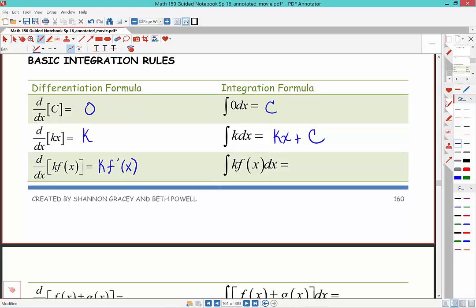So when you are anti-differentiating a constant times a function, you'll get your constant times the antiderivative of that function with respect to x, and that's going to equal the constant times that capital F of x plus c.